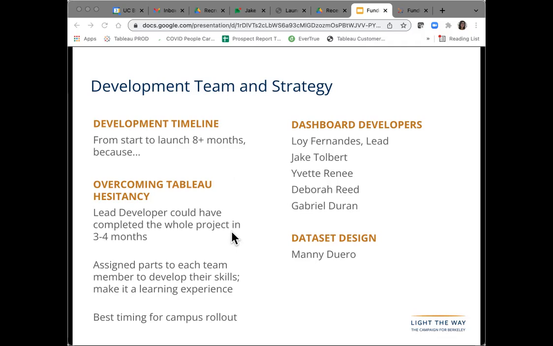We wanted each team member to be assigned a particular piece, to conceptualize it, and to actually develop it. It was somewhat my way of trying to get over what I call Tableau hesitancy, because some folks look at what's done and they're intimidated. They go to Tableau conference, they look at the public site and they're intimidated by what people do there, because it's awesome, right? People can do some awesome things. Well, I think we all can. It just takes working with it and getting feedback and iterating.